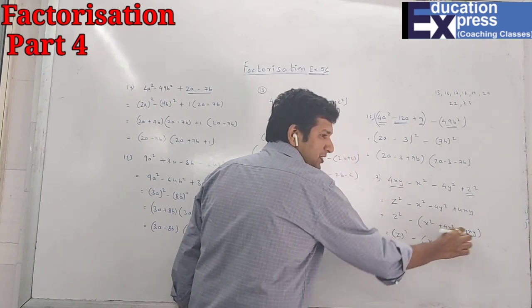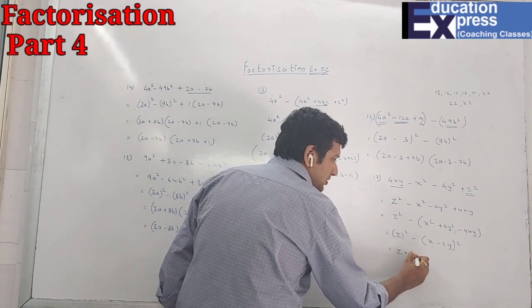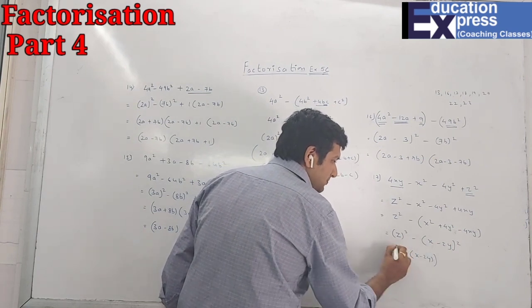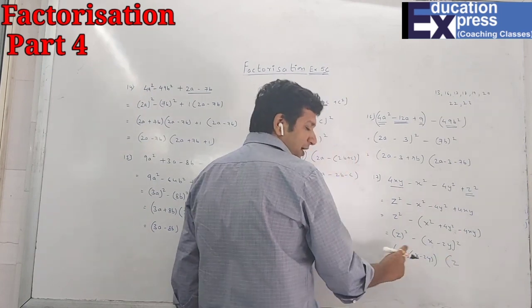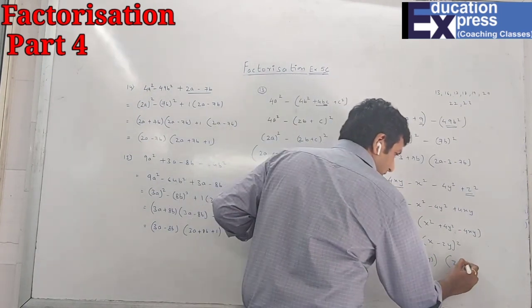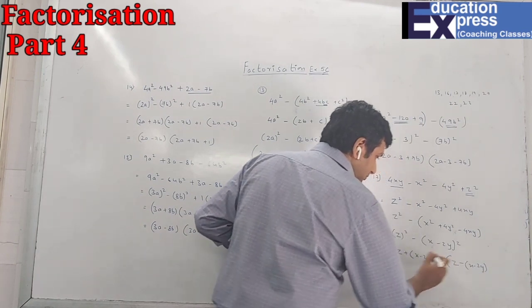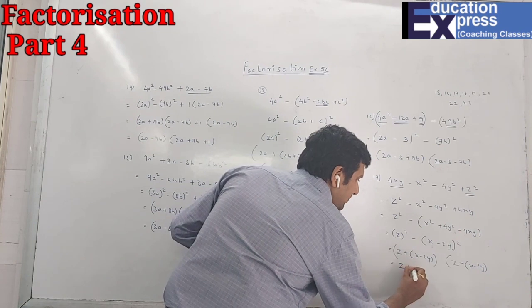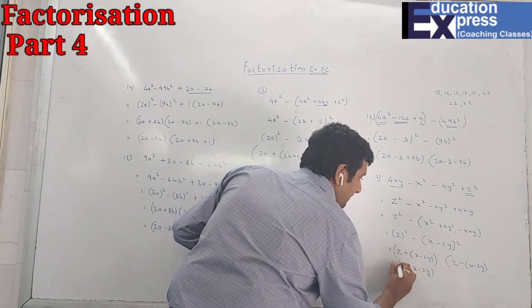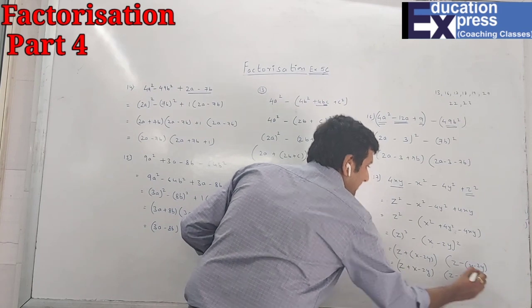When I do whole square, I'll get the same thing. If I can compress this, and now z plus, it's a binomial, I have to use the bracket signs. I have to use the brackets over here. z minus x minus 2y, z plus x minus 2y, z minus x plus 2y.